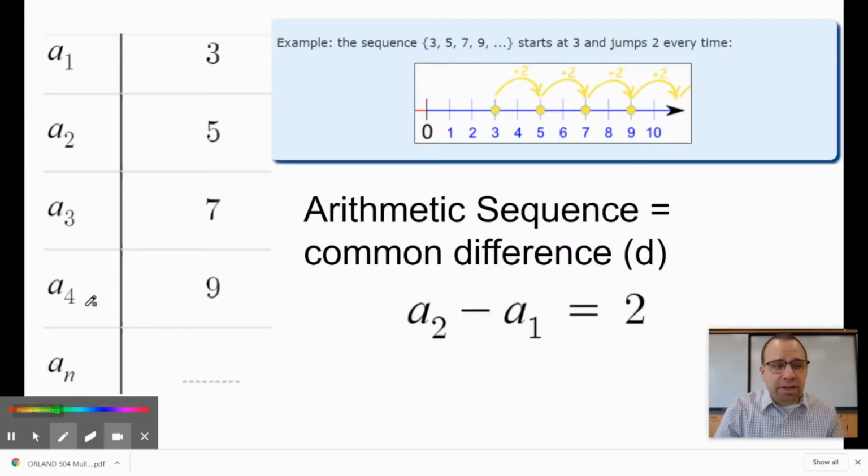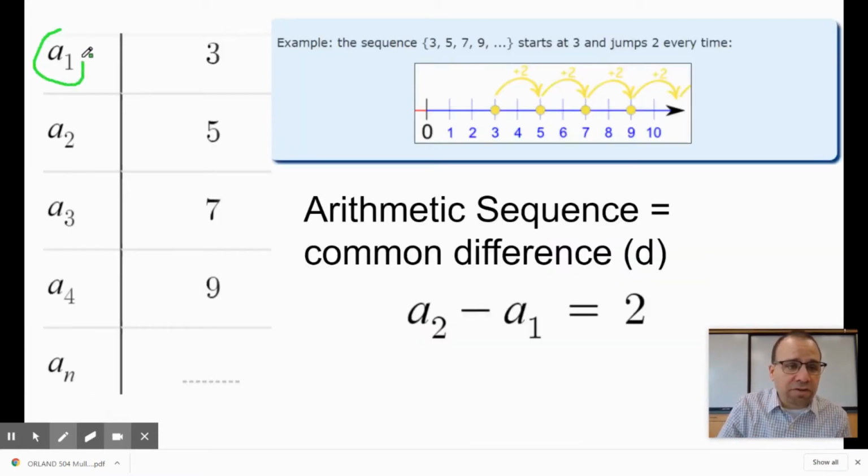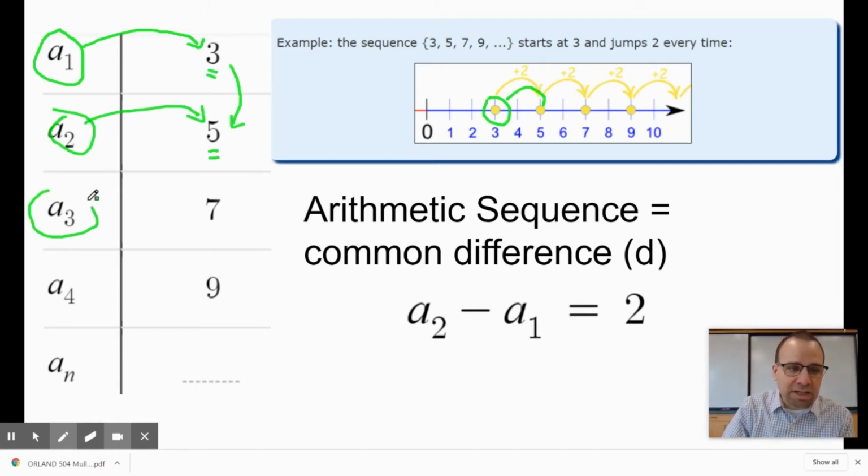I've created a table here where, as you can see in the graph, the first term, A sub 1, is 3. The second term, A sub 2, is 5. Now notice you should be getting the same value if you subtract the third term from the second. 7 minus 5 is 2, and that's the same as 5 minus 3.